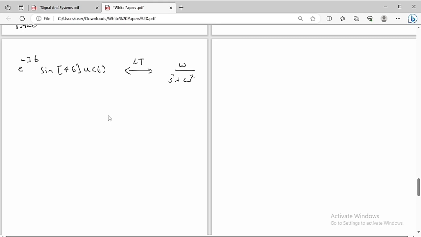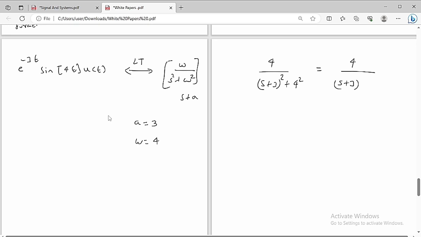Then for e to the power of minus at, replace s by s plus a. Here a is equal to 3 and omega is equal to 4. Then what you are going to get? 4 by s plus 3 whole square plus 4 square. So this is for this one.